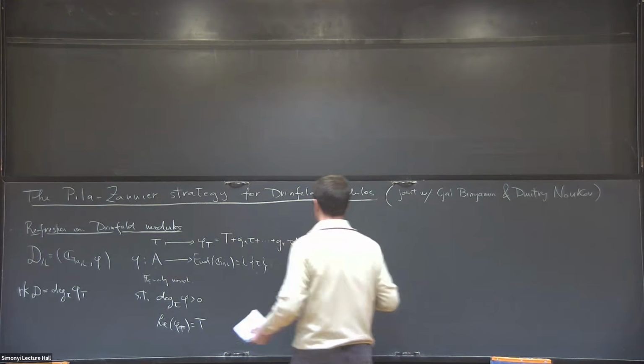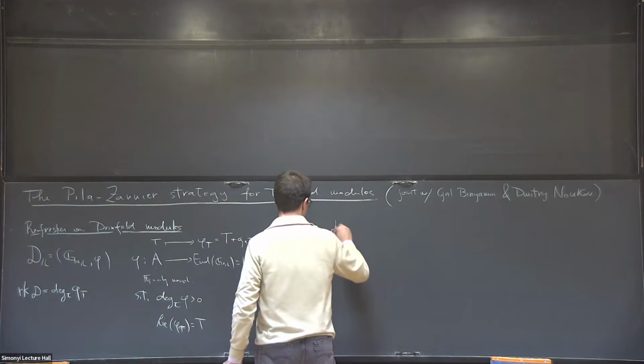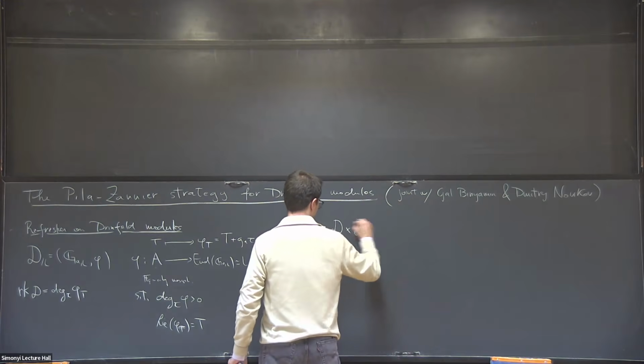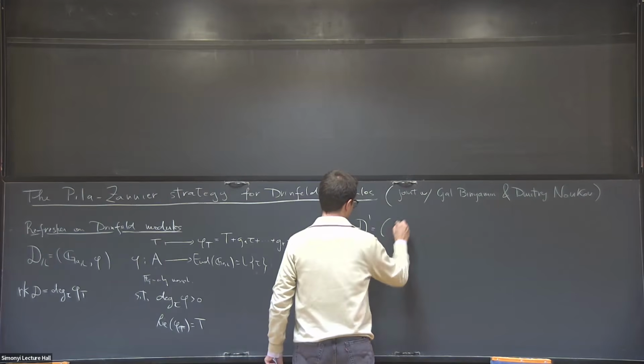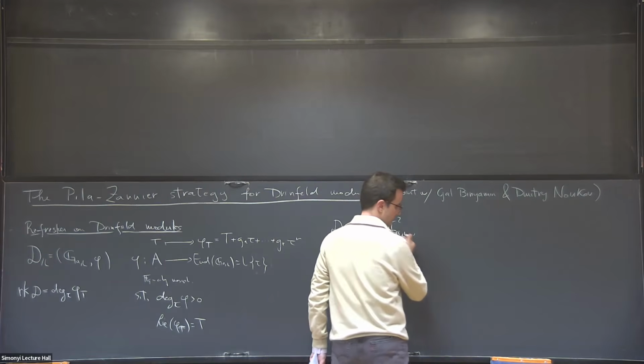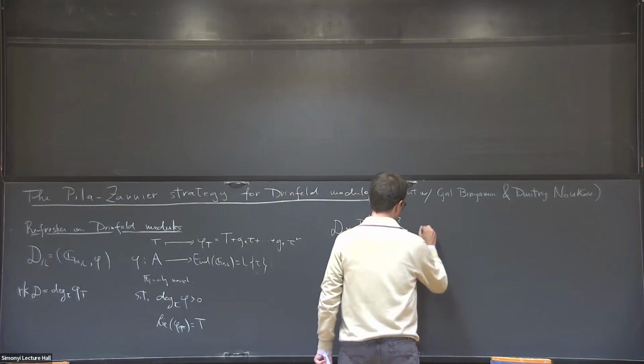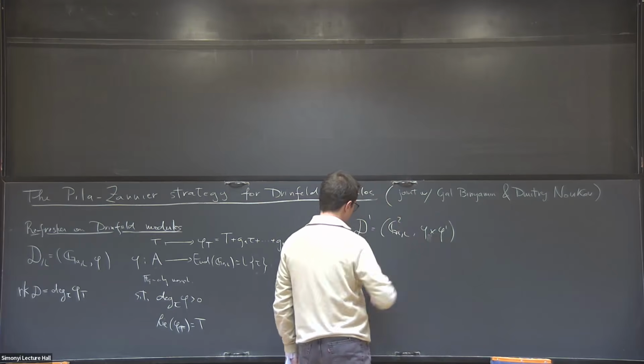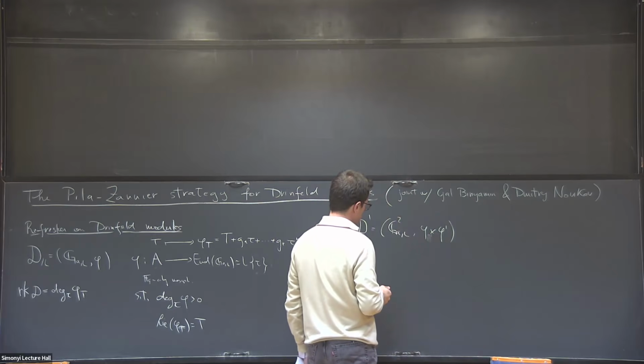Okay, so given two Drinfeld modules, we can take their Cartesian product. In the product, it will be just A over L squared, I suppose they're defined over the same L. And we'll take just the Cartesian product of their module actions.